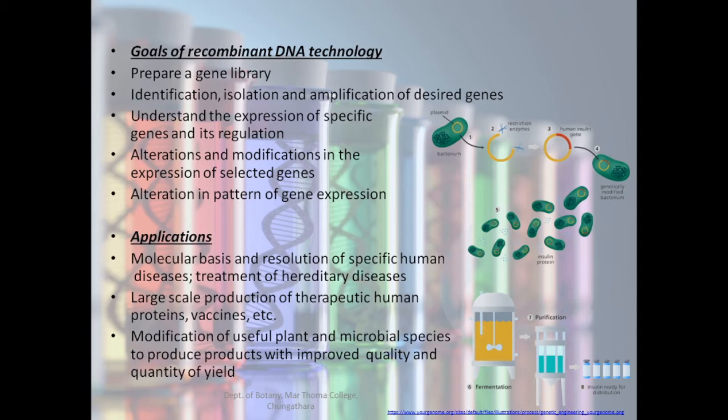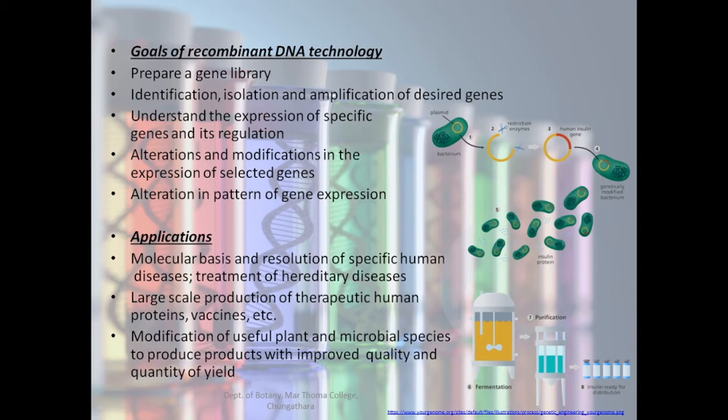In the image, we can see how, in simple ways, rDNA technology is explained. So, the plasmid from a bacterium is taken and cut using enzymes. Another desirable gene, here the human insulin gene, is added to this plasmid, and it is again taken into the bacterium, where this modified gene is replicated or amplified.